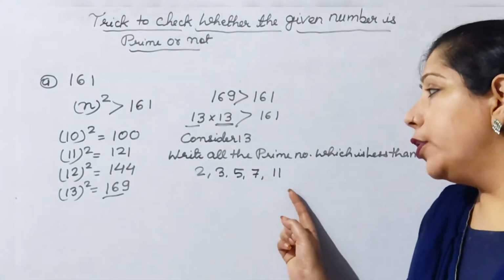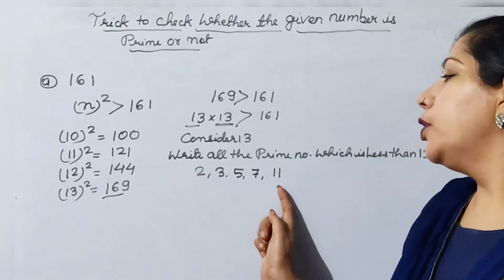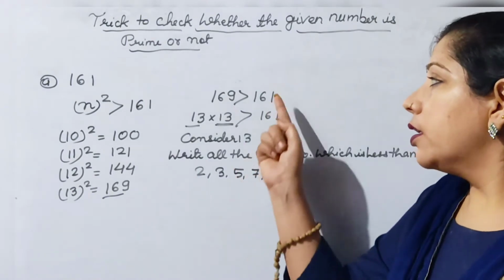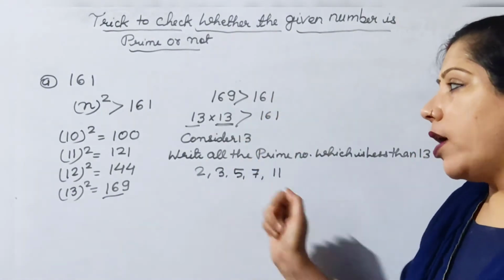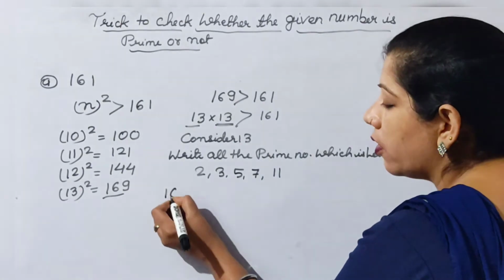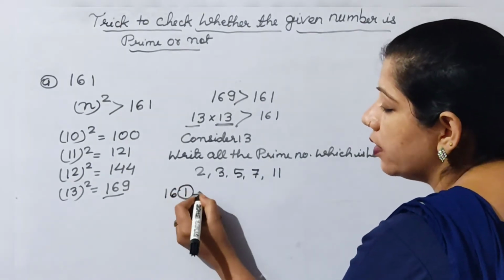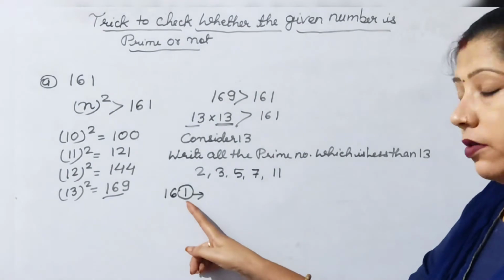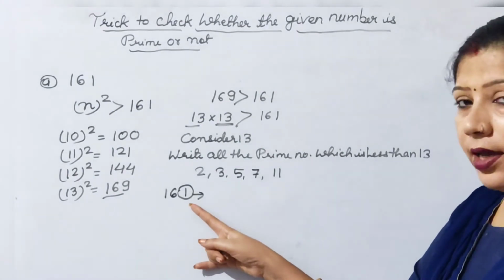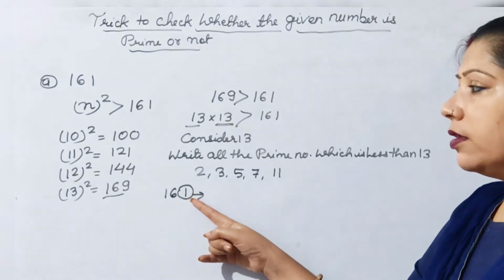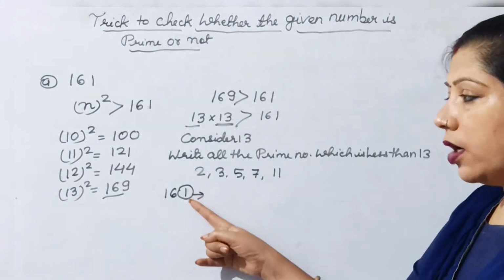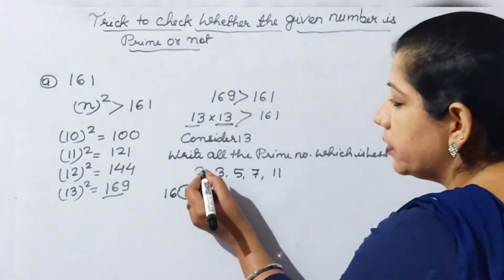Now what you have to do? With these numbers, you have to check whether the given number is divisible or not. So let's try. Let's take 161. The unit digit is 1. You know the divisibility rule very well, that if the last digit is even, then it is divisible by 2. It's not even, it's odd, so it is not divisible by 2.